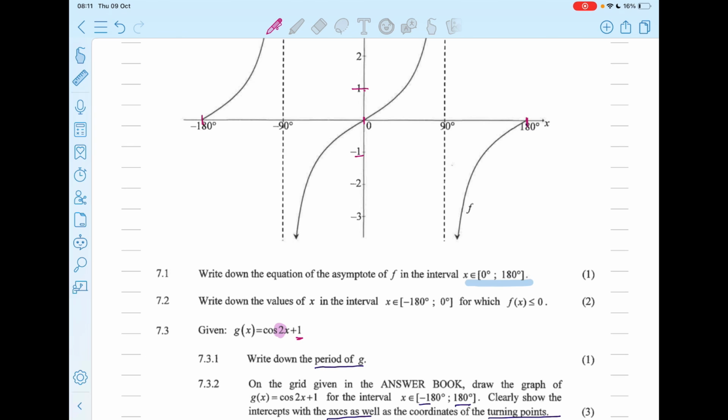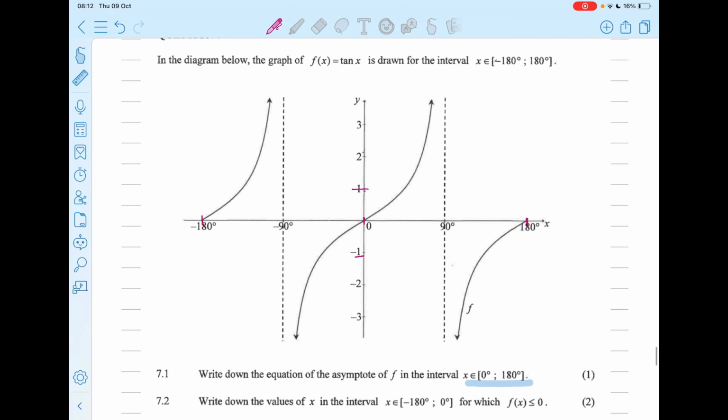But if it's been shifted upwards, it means that the range is now from 0 to 2. So it's going to start at 2, and then this 90 is now the new 180, and this 180 is now like the previous 360, because we shrunk it.